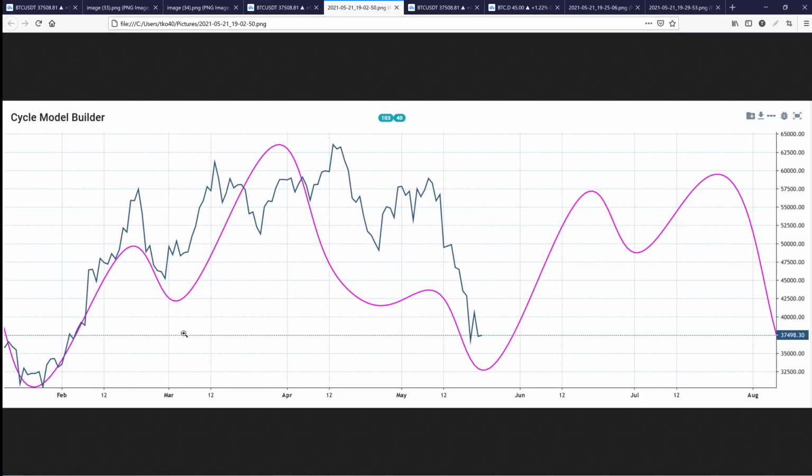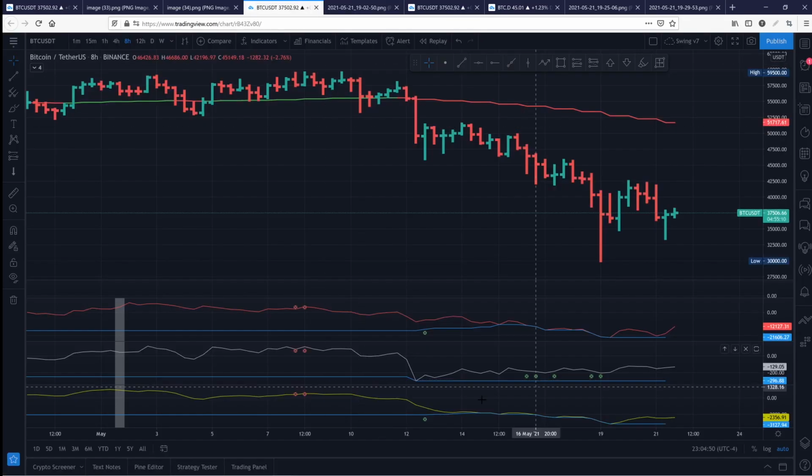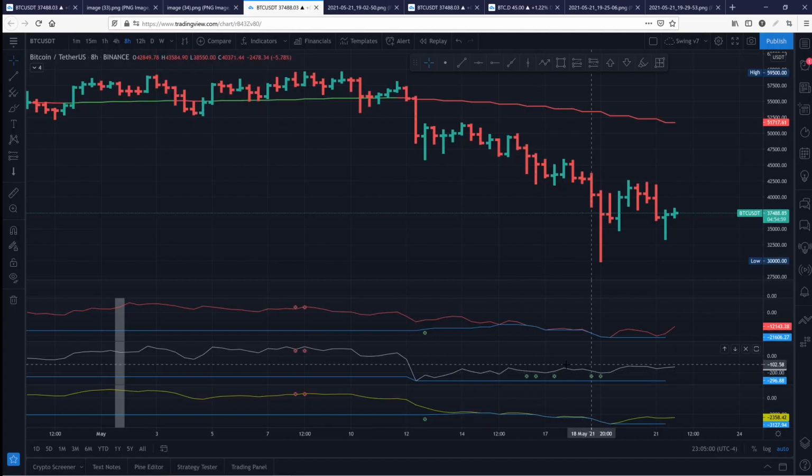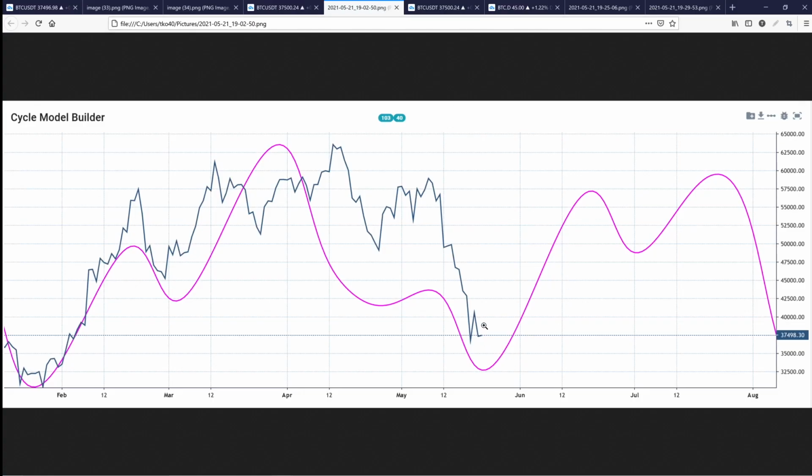Because this model gives me a basic framework of what price might be doing, and then these indicators give me a technical signal for what's happening there. So this is really good for future price action because it's lining up with a potential cycle bottom.